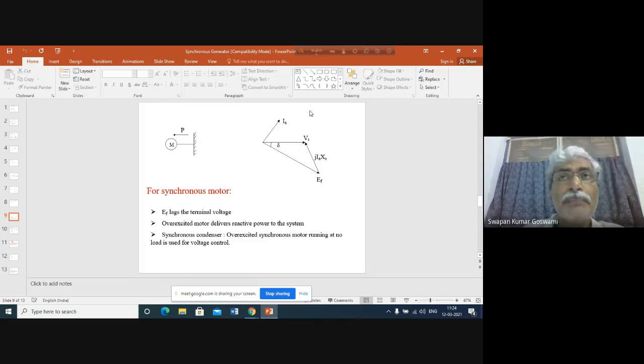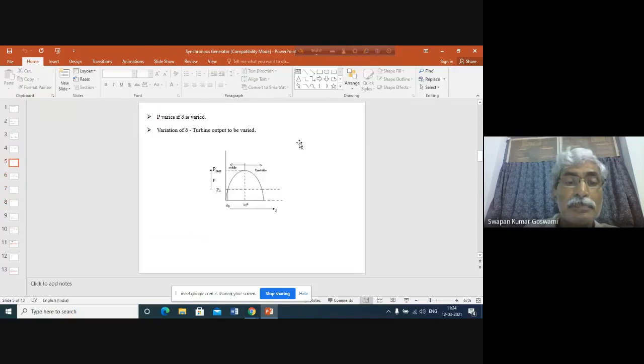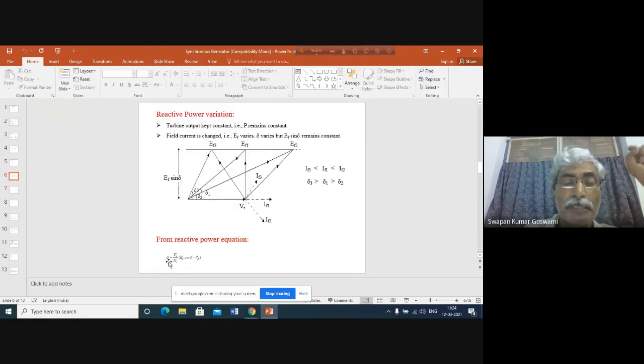What happens to the reactive power? The same expression will be applicable. This was the expression for reactive power: Q equal to VT by XS times EF cosine delta minus VT. So EF cosine delta greater than VT means Q becomes positive.